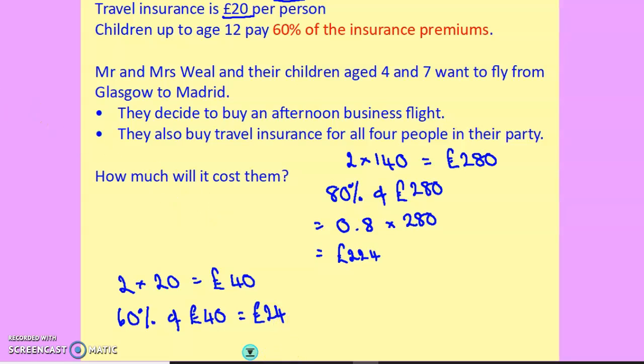Okay, so we have here flights for the adults, flights for the children, insurance for the adults, insurance for the children. Last thing we need to do then is add it all together. 280 plus 224 plus 40 plus 24.